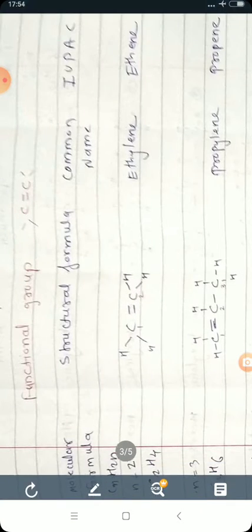The general formula is CnH2n, and the minimum number of carbons present in an alkene is 2, so the molecular formula is C2H4. In the structural formula, there is a carbon-carbon double bond and the remaining valency of the carbons is satisfied with hydrogen. The common name is ethylene, and in the IUPAC name, eth means 2 carbons and ene means carbon-carbon double bond.